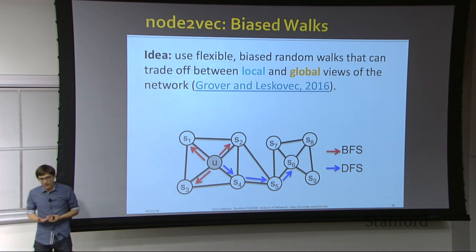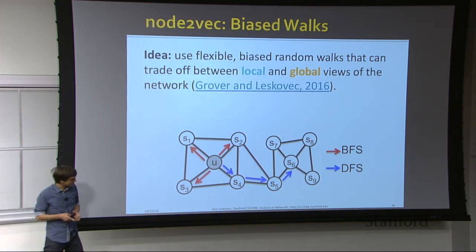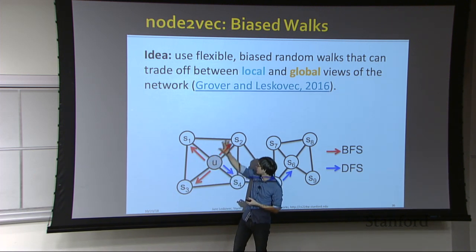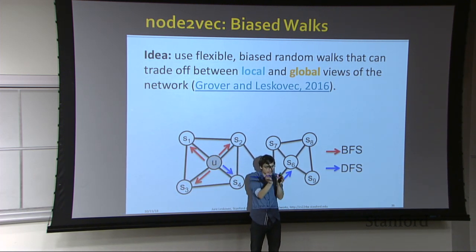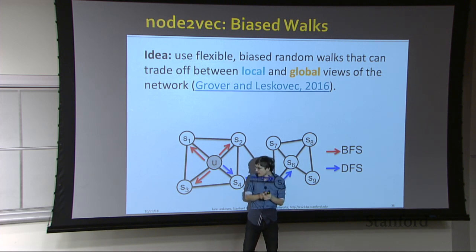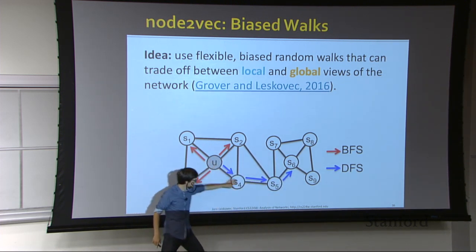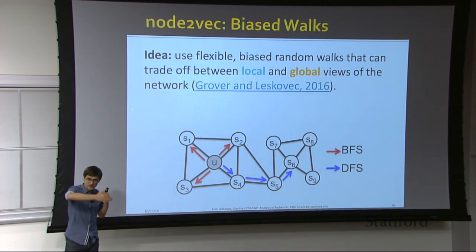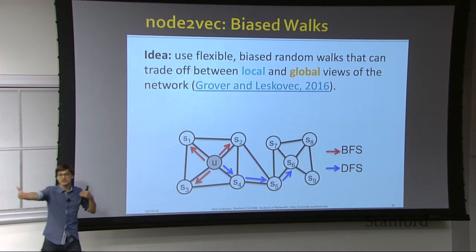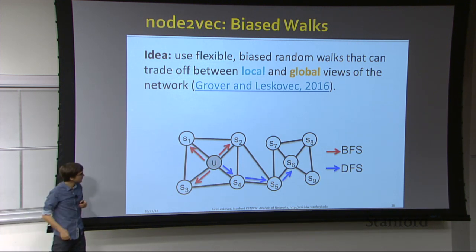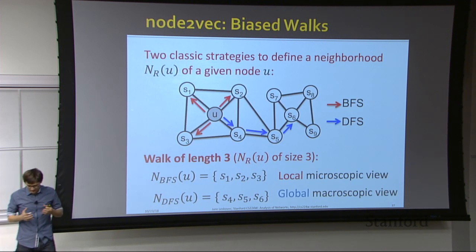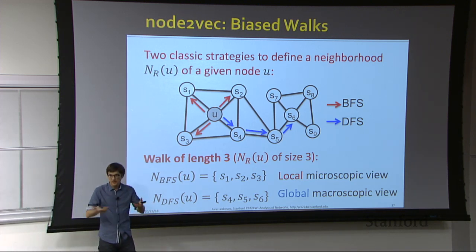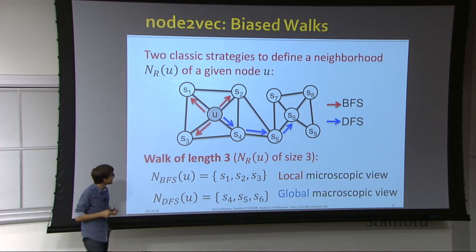And what's the trade-off? If I'm using breadth first search exploration, I get a really good sense of how the network looks very locally. If I do the depth first search type of exploration, I get a better sense of how the network looks at longer distance scales. So these two exploration strategies will reveal very different statistics about the network.